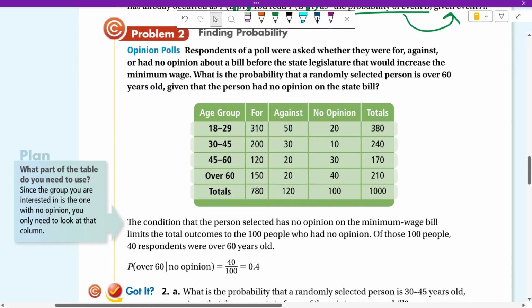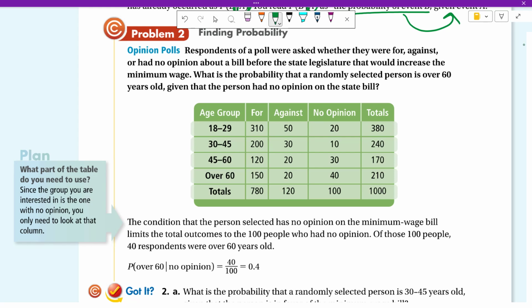So for this one, respondents of a poll were asked whether they were for, against, or had no opinion about a bill before the state legislature that would increase the minimum wage. What's the probability that a randomly selected person is over 60 years old, given that the person had no opinion on the bill?